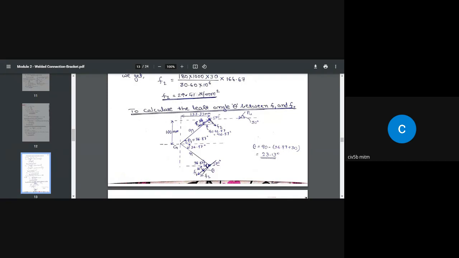One of them will be higher than the other. So what we have to consider is the value which is higher.